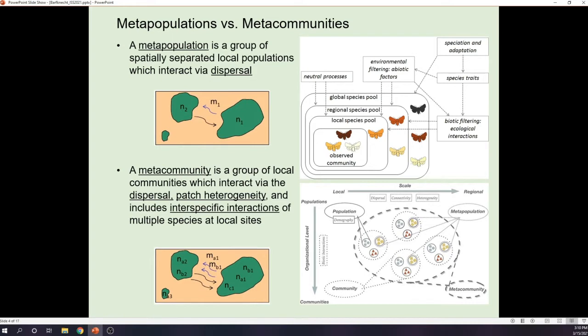While there are different perspectives of metacommunity, such as local dynamics theory, the general gist is that metapopulations are groups of separated local populations that interact with each other, not through births and deaths at a local site, but through the immigration and emigration of individuals from each local site to other sites.